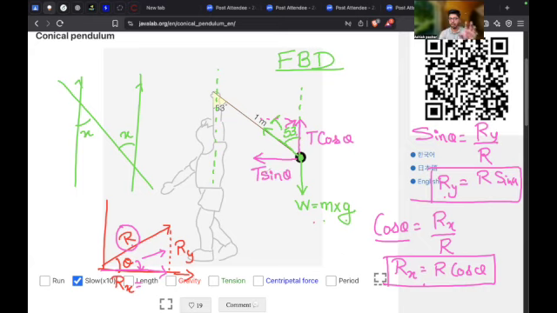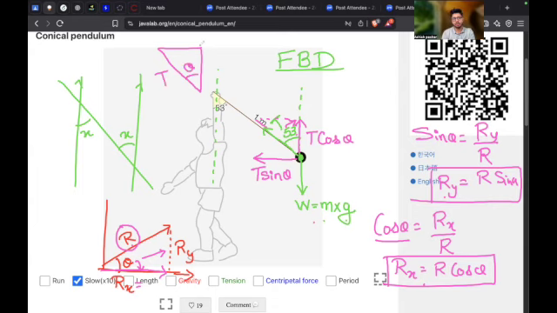To better understand this, you can make a right angle triangle on top of that. If I explain it, you can make it like this. This is the T, the hypotenuse, the tension, and the theta over there.